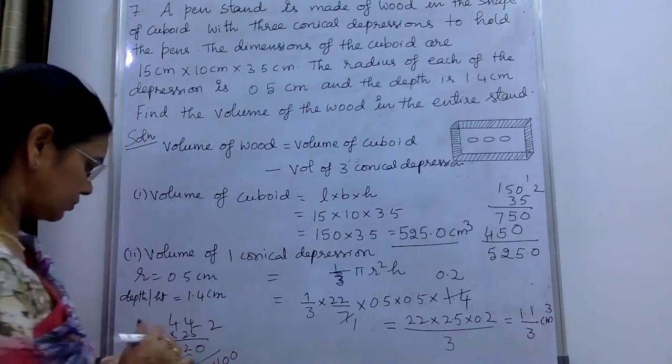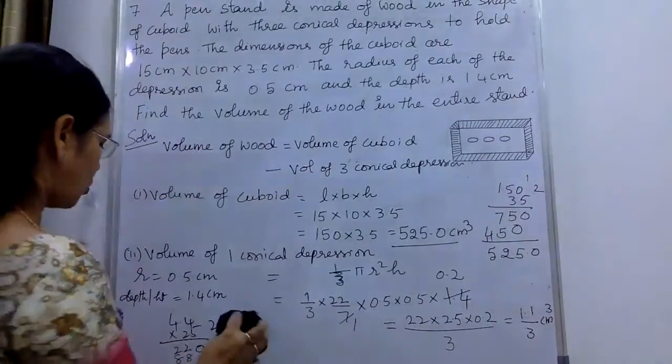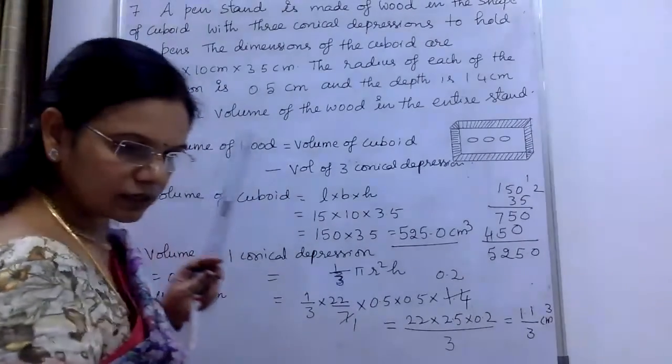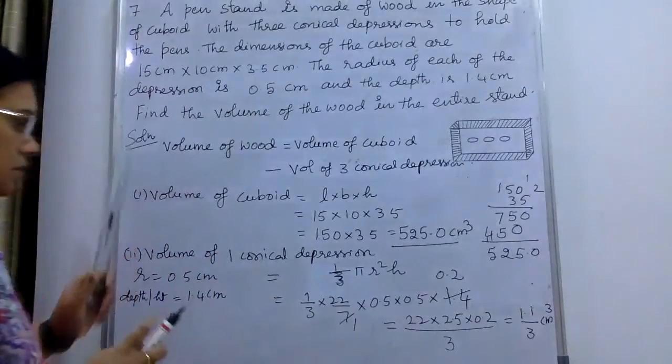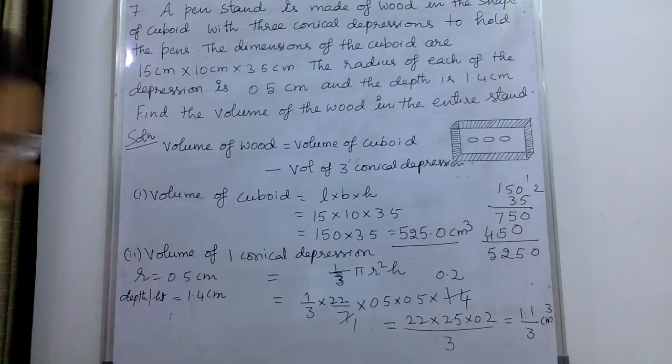So how many conical depressions are there? 3 conical depressions are there. So multiply the volume.